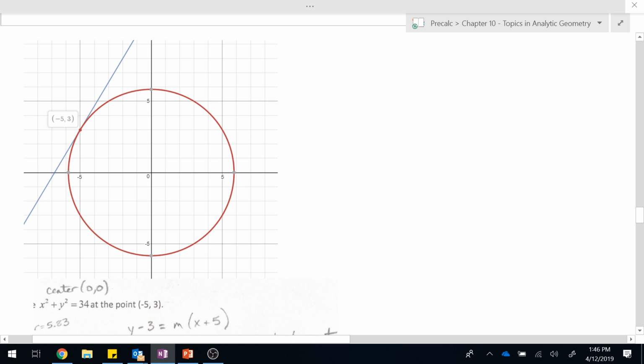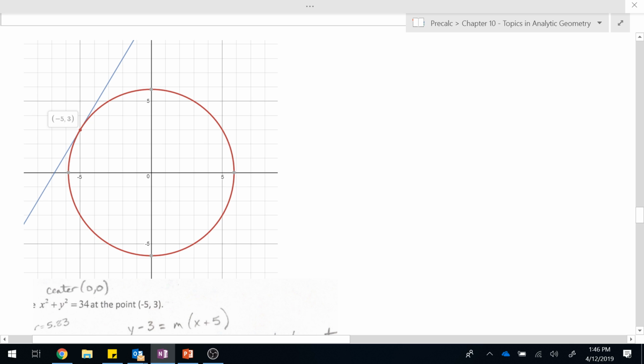So the radius is root 34. We also know that from the equation. But what do we know then about this tangent line? Well, if you draw the radius out to that point, what's the relationship between the radius and the tangent? They're perpendicular. Yes.